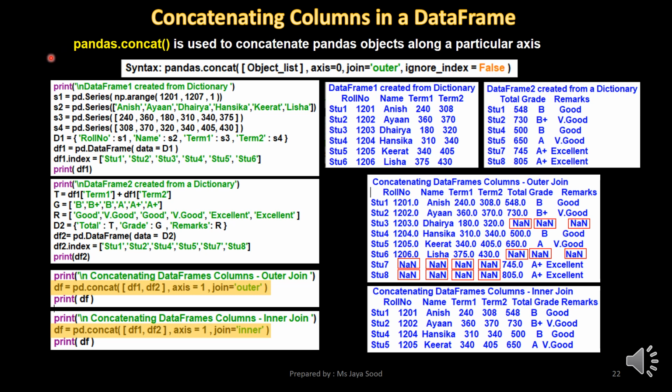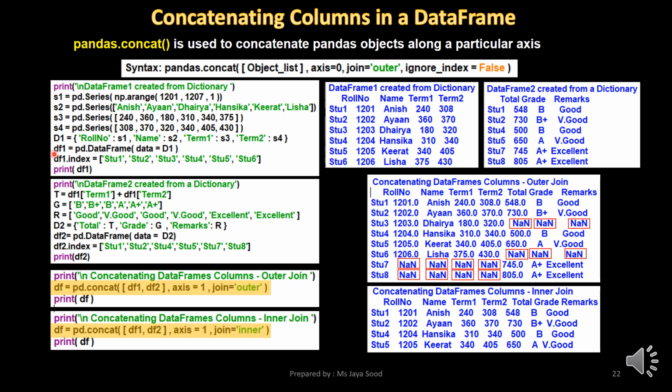Let us take an example. The series S1, S2, S3, S4 are created from an ndarray, a list of names, a list of marks, and another list of marks. The dictionary D1 has the keys roll number, name, term 1 and term 2, and the series S1, S2, S3, S4 are the dictionary values.